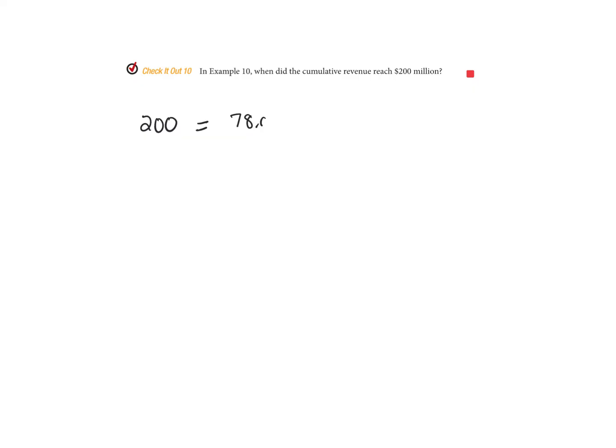x plus 1. Example 10, how many weeks did it take to reach 200 million? Let's copy that formula down again. Again, we're going to subtract that 114.